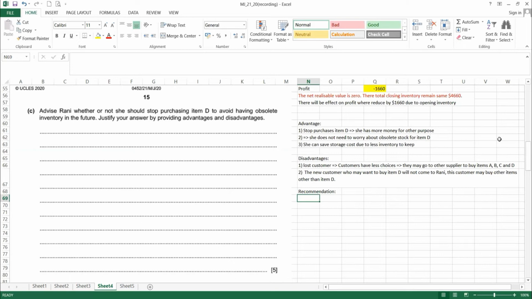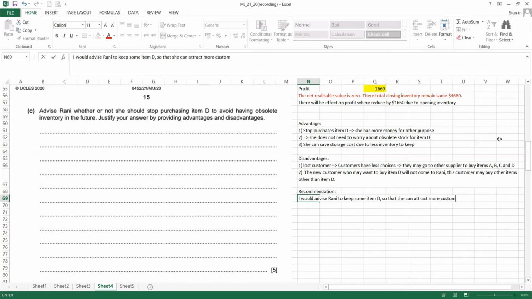So for my personal opinion, I will advise Rani to keep some item D, so that she can attract more customers to visit her shop due to the more variety of items sold in the shop.